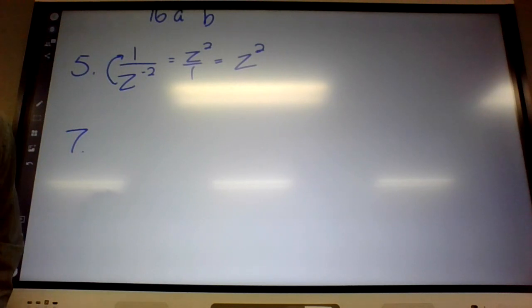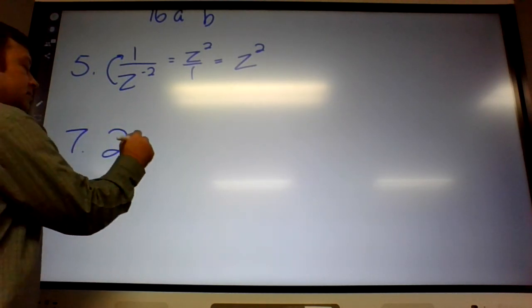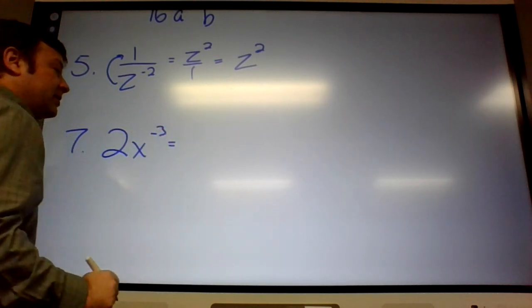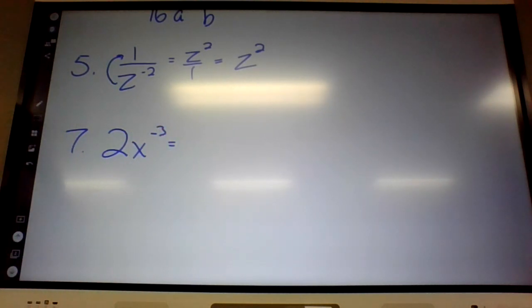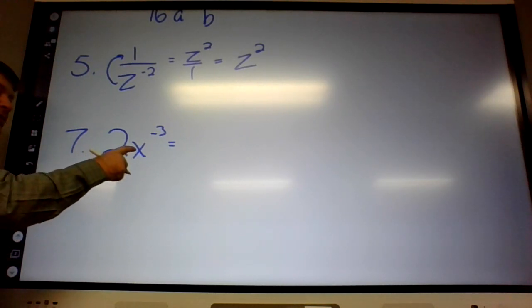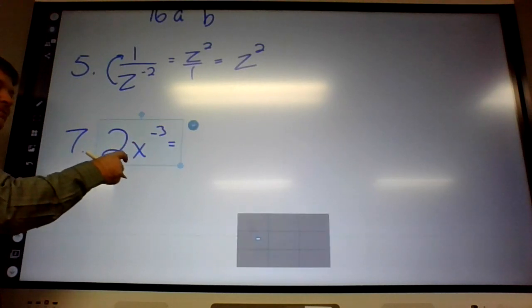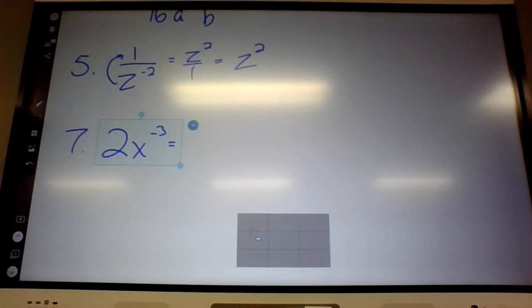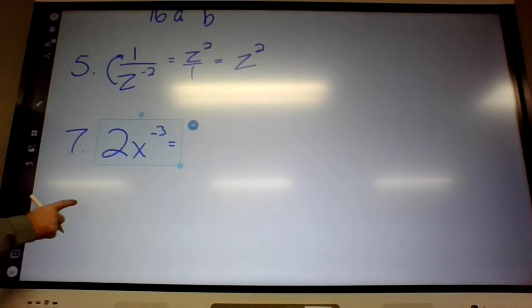Okay, number 7. If I remember right, which I might not, but I feel like something like this is on the test, which is not, we're not that close to it, but we just finished a test. What do you think? Any ideas?